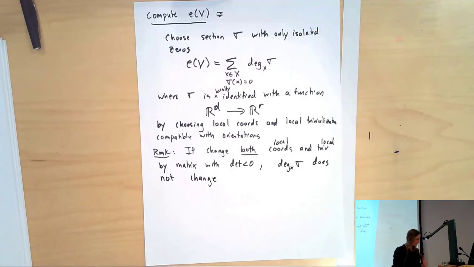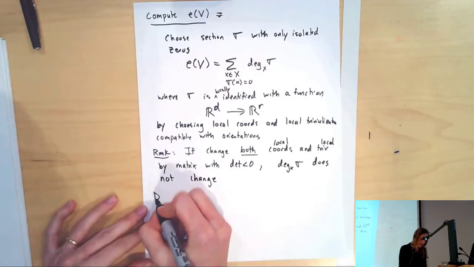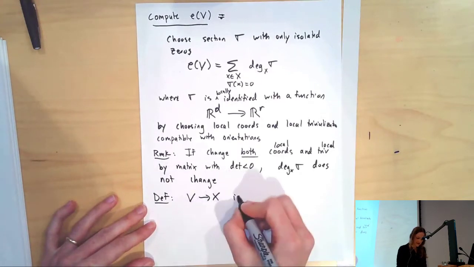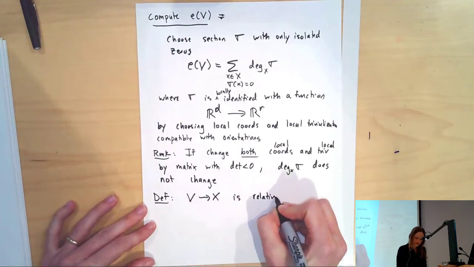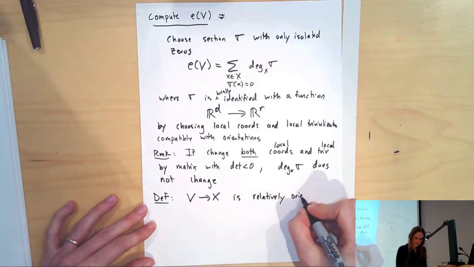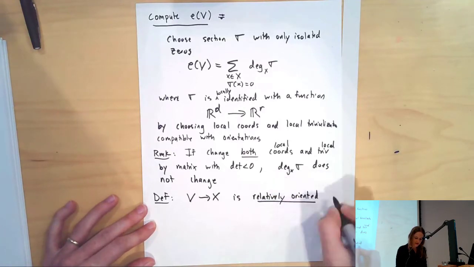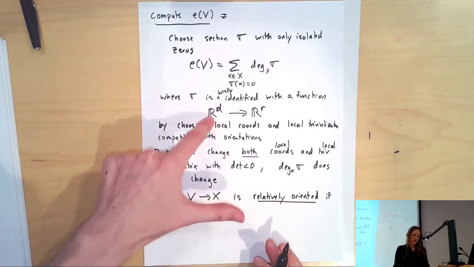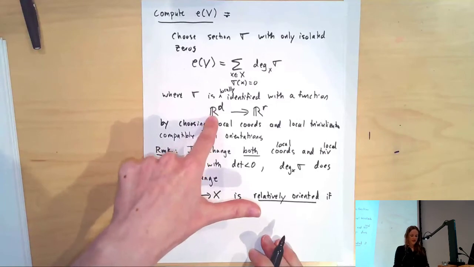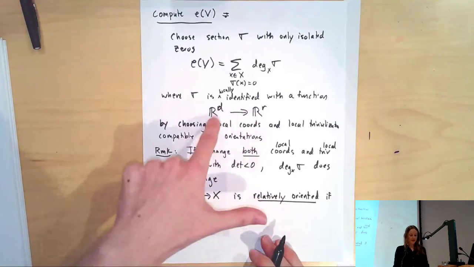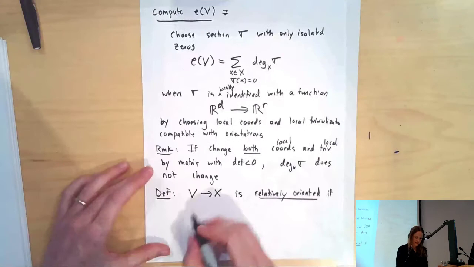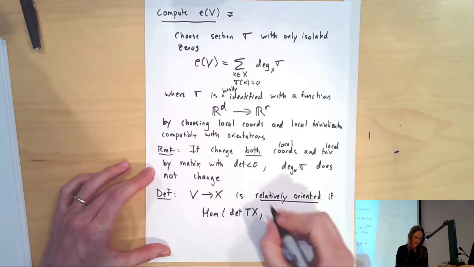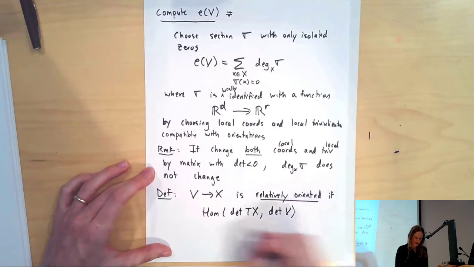So this leads to a notion of relatively oriented. We'll say that V to X is relatively oriented if the Hom from the determinant of the tangent bundle to the determinant of V is oriented.